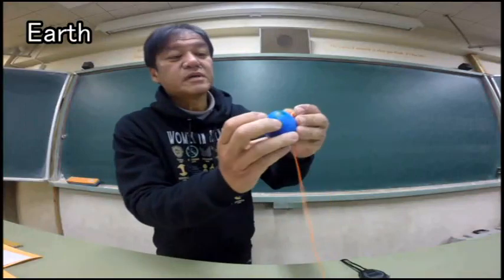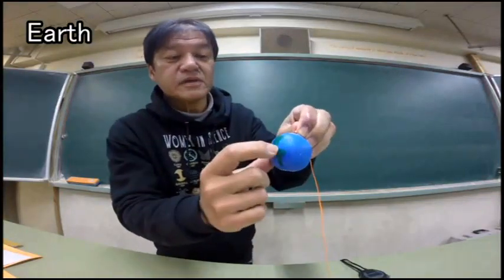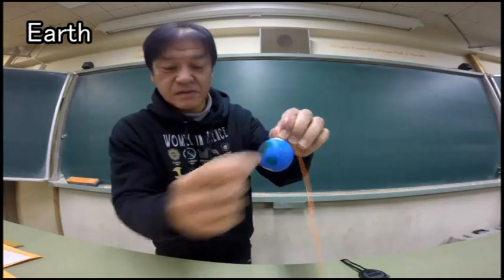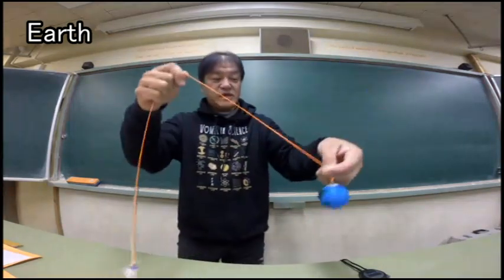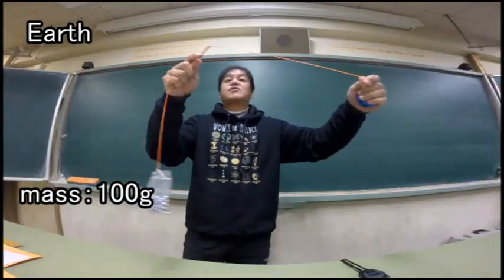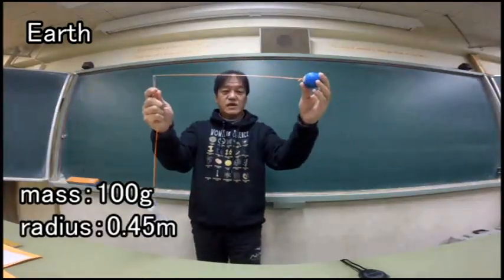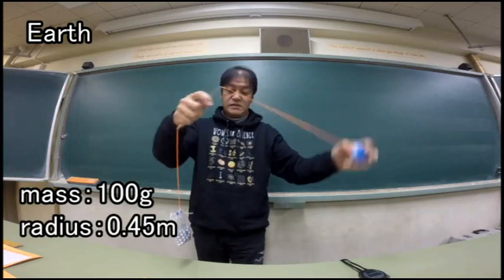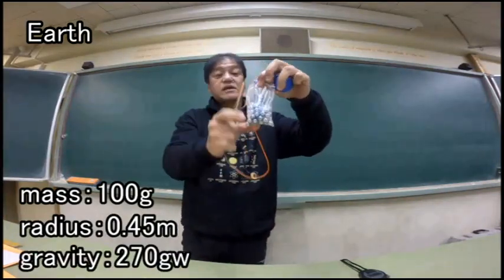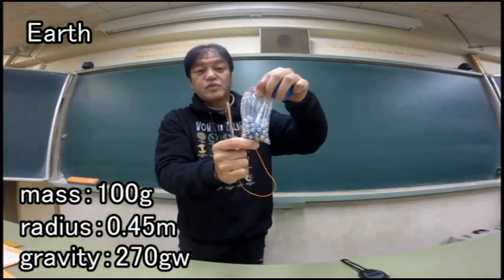Earth, Houston, here, Japan, here. Mass is 100 grams. Revolution radius is 0.45 meters. And universal gravitation is 270 grams weight.